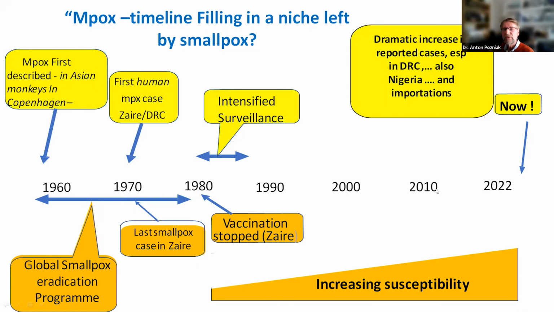And what filled this hiatus, what filled this niche, was monkeypox. And it's thought that once smallpox disappeared, there was a niche for transmission of monkeypox. And perhaps monkeypox was competed with smallpox back here, but actually developed into the epidemic because smallpox had disappeared.